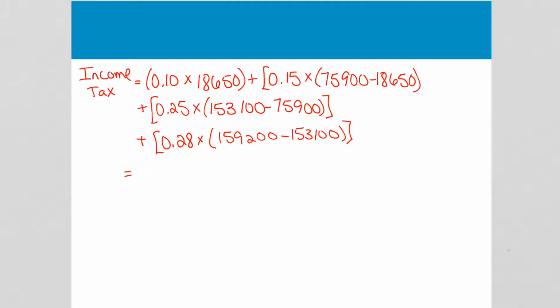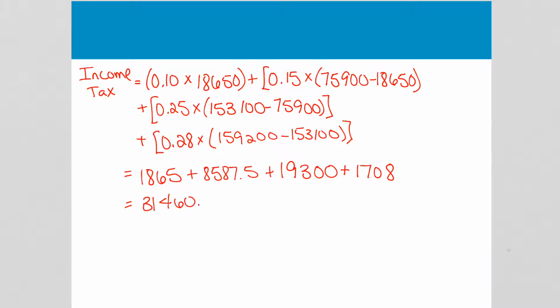Okay, so for the 10%, it's $1,865. Subtract and multiply for the 15%, $8,587.50. Subtract and multiply for the 25%, $19,300. Plus for the 28%, subtract and multiply, $1,708. $31,460.50.